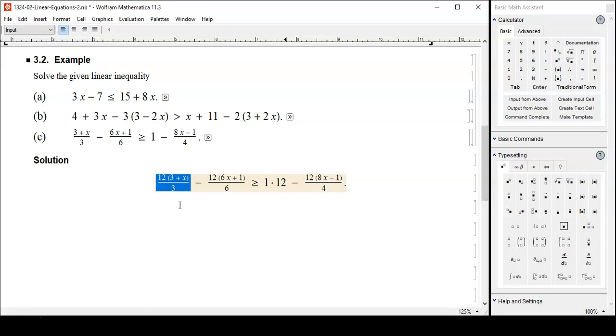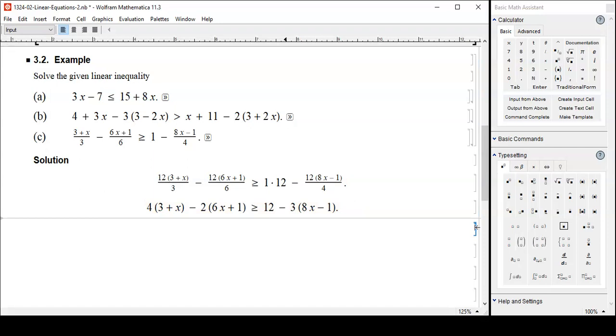So 12 divided by 3 is 4, 4 times 3 plus x, minus 12 divided by 6 is 2, 2 times 6x plus 1. That's greater than or equal to 12, minus 12 divided by 4 is 3, 3 times 8x minus 1. That's what we get if you remove the denominator. Remember, the purpose of this LCD is to remove the denominator.